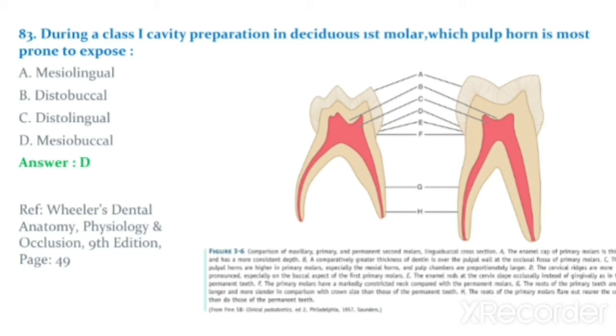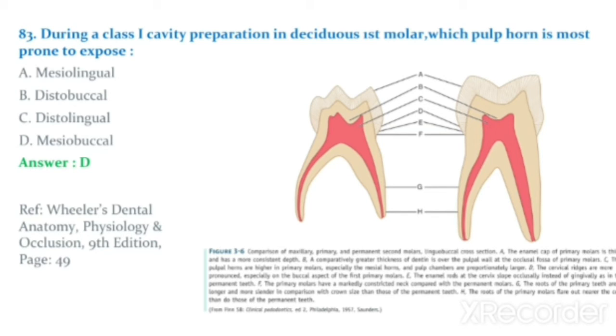And D indicates the cervical ridges are more pronounced, especially on the buccal aspect of the first primary molars.